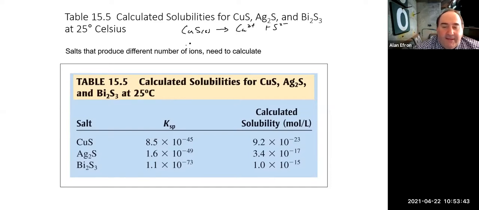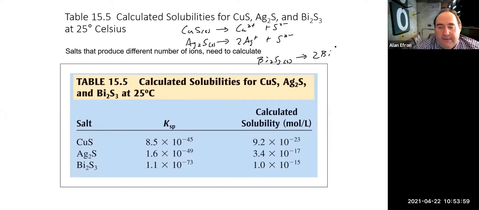When we have silver sulfide, we get 2 silver ions and a sulfide. And we have our Bi2S3. Again, when it breaks apart, we get 2 of these and 3 of these.